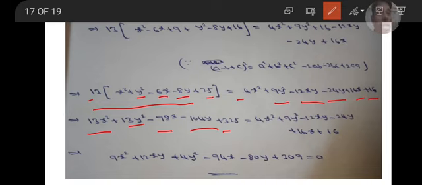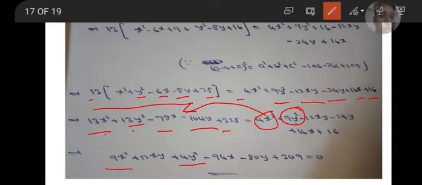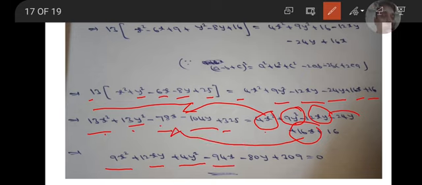If 4x² comes to this side, 13x² − 4x² is 9x². If y² comes to this side, 13y² − 9y² is 4y². −12xy becomes +12xy. When 16x comes to this side, it becomes −78 − 16, meaning −94x.